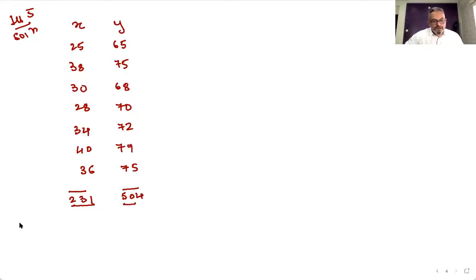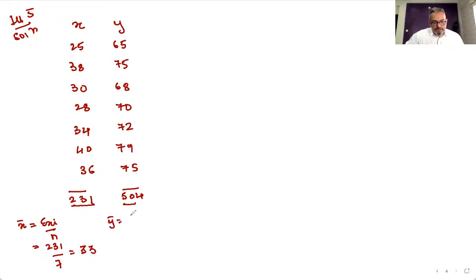So first step is we find out the mean. So X bar is equal to sigma xi upon n, which is equal to 231 upon, what is n over here? 1 2 3 4 5 6 7, also mentioned in the question, 7, which is equal to 33.